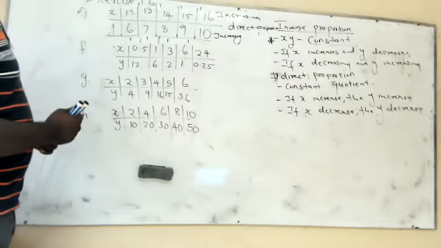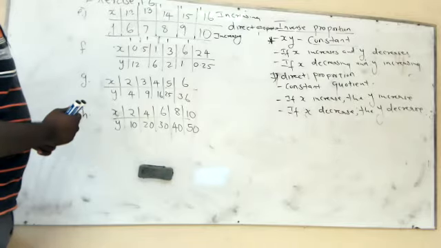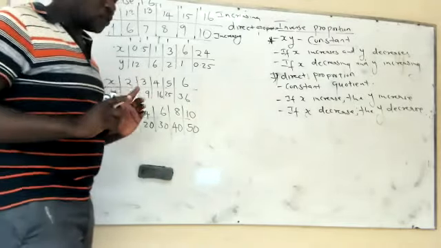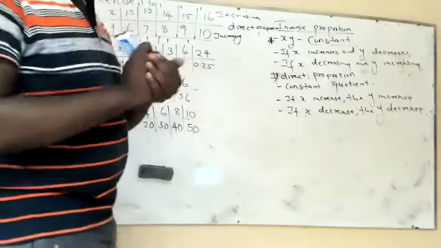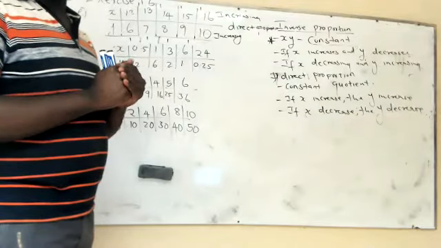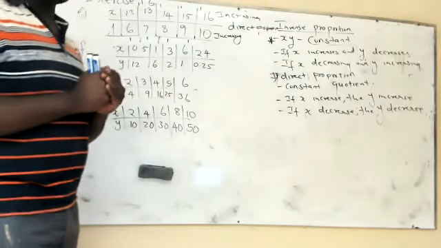Can we try for the inverse proportion? Can we do the inverse proportion together? Yes. Okay. Now, before we do it, can you remind me about the first condition for the inverse proportion? What are we supposed to find if we want to check for the inverse proportion?